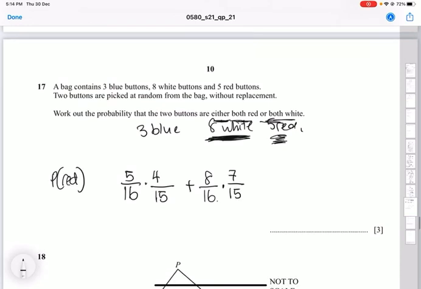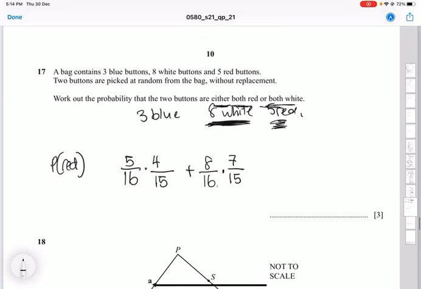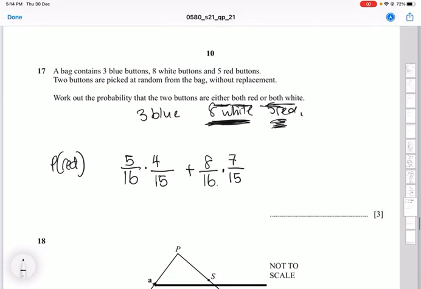So indeed this should give you 19 over 60. Should make sense. Now let's put it into the calculator and see if that's right.